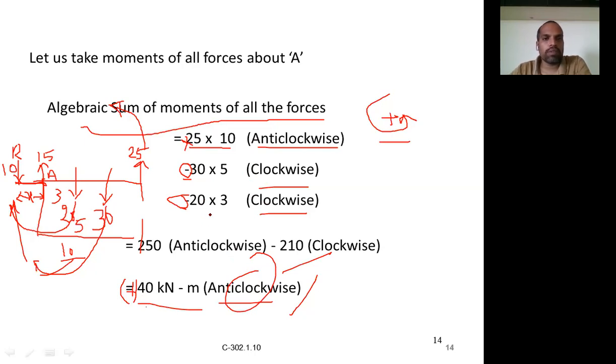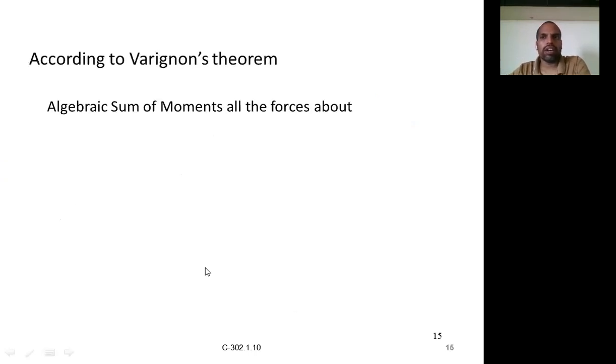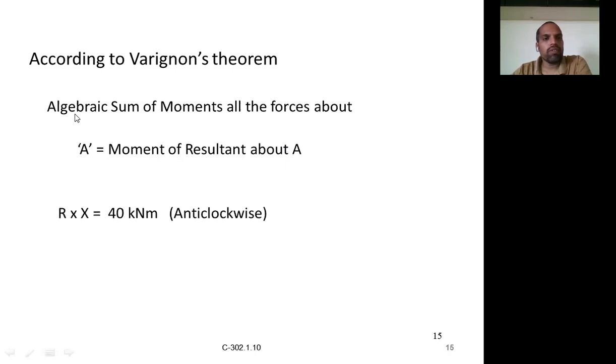The algebraic sum of moments of all the forces is equal to 40 kilonewton meter. Now apply Varignon's theorem: the algebraic sum of moments of all the forces about a point is equal to the moment of the resultant about the same point. So equate 40 kilonewton meter to the moment of the resultant.